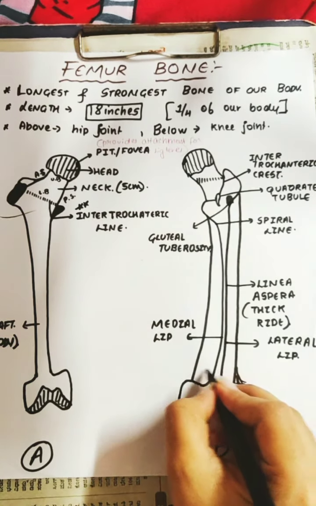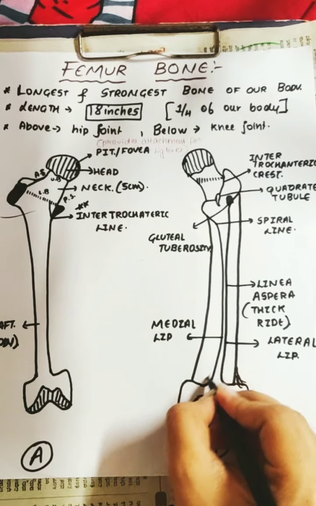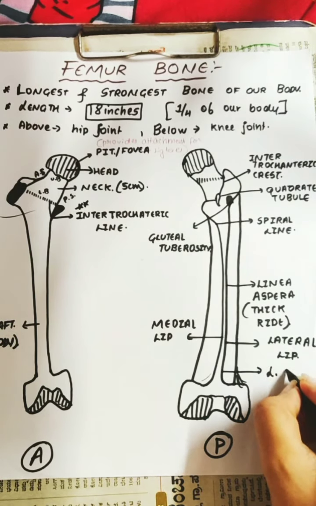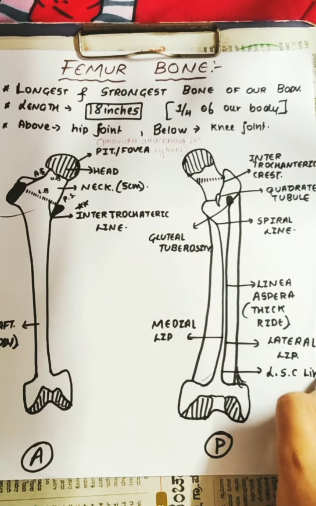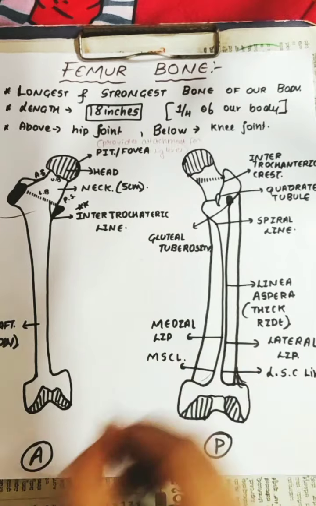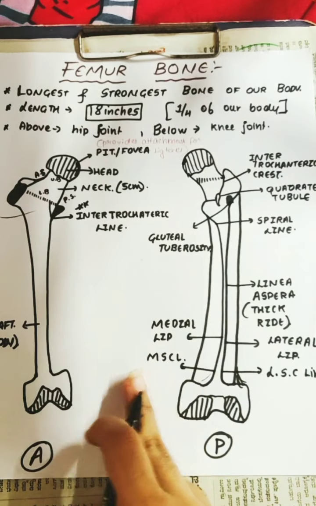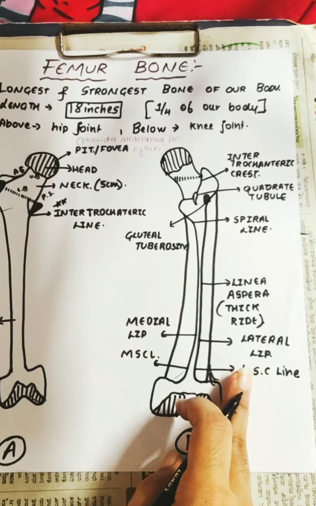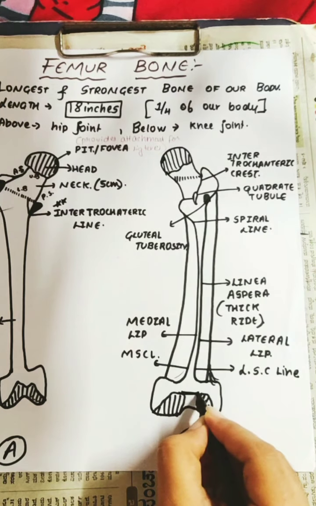After that, you can see the two ridge-shaped structures here, the U-shaped structure. They are called the lateral supracondylar line and the medial supracondylar line. After that, you can see a ridge-shaped structure here.